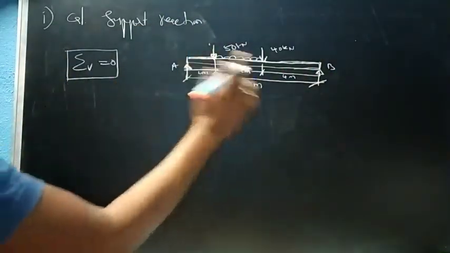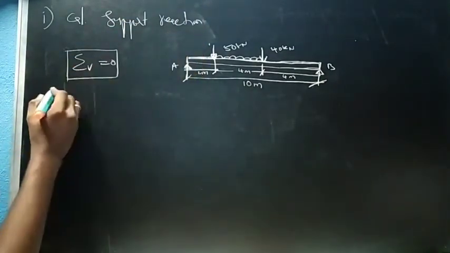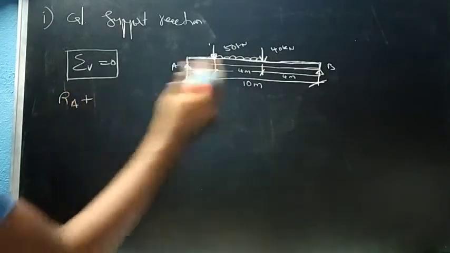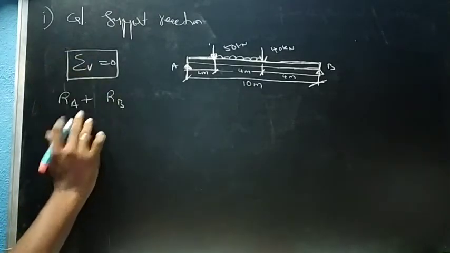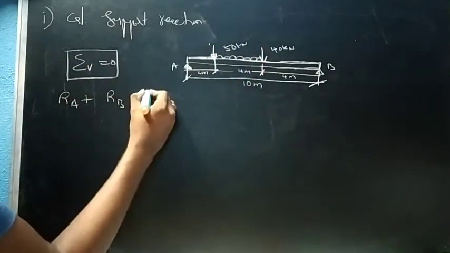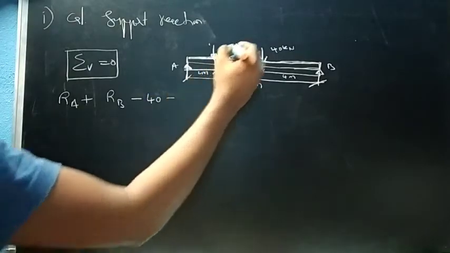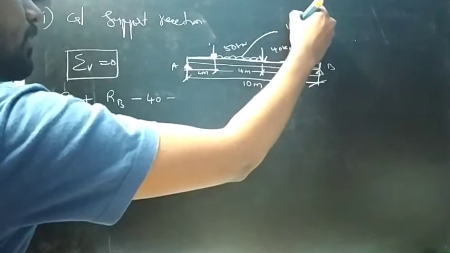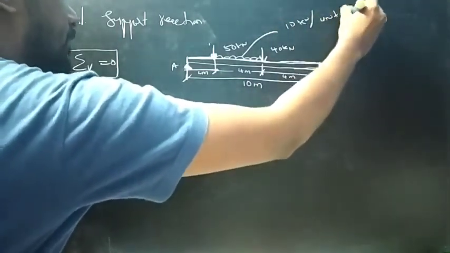So I can write all the vertical forces. Upward we take positive, that is reaction at A plus reaction at B, minus 40, minus, so this uniformly distributed load is given as 10 kilonewton per unit length, right?